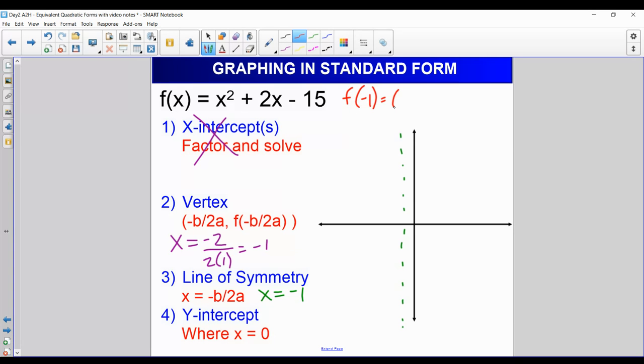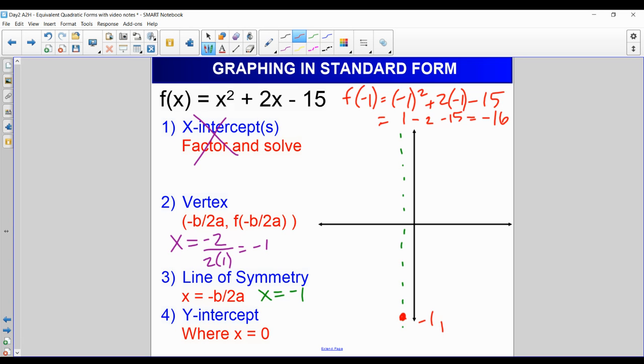I'm going to get negative 1 squared plus 2 times negative 1 minus 15. So I've got 1 minus 2 minus 15. So I've got minus 17 plus 1. So I've got negative 16. So that puts me down here.